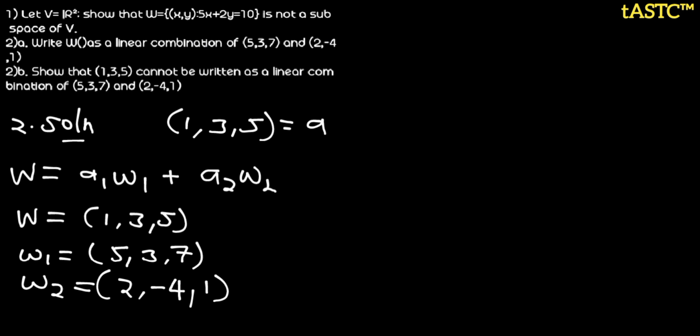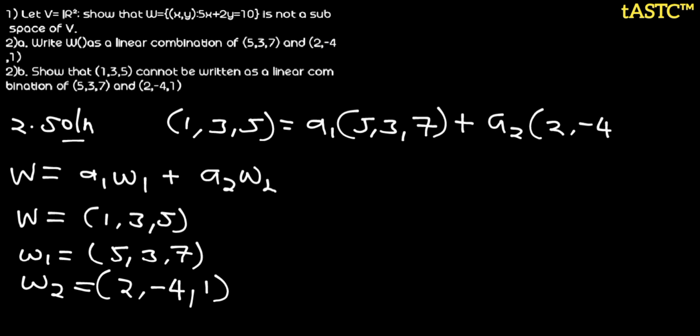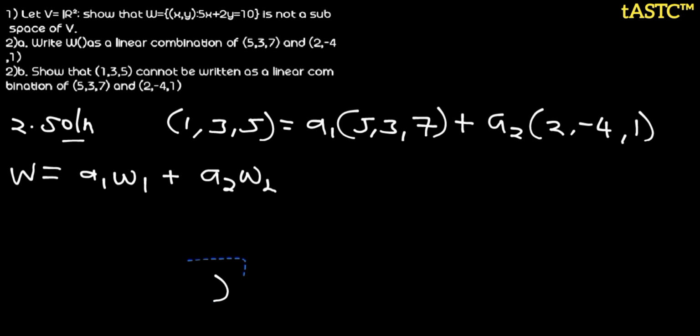This should be equal to A1 multiplied by W1, which is (5, 3, 7), plus A2 multiplied by W2, which is going to be (2, -4, 1). I'll wipe these out. Now we need to expand these two brackets.